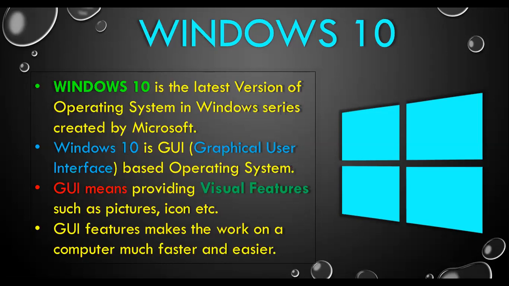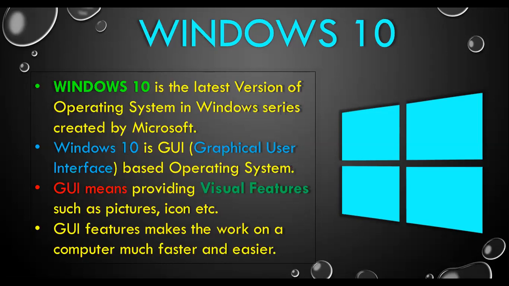So Windows 10 is a GUI, that is graphical user interface based operating system. Now GUI means providing visual features such as pictures, icons, etc. When you switch on the computer, you get the start menu, you see the mouse pointer, you see the icons. These are the features of GUI.